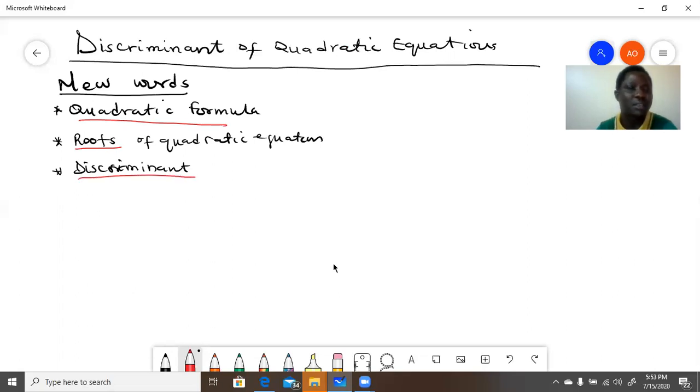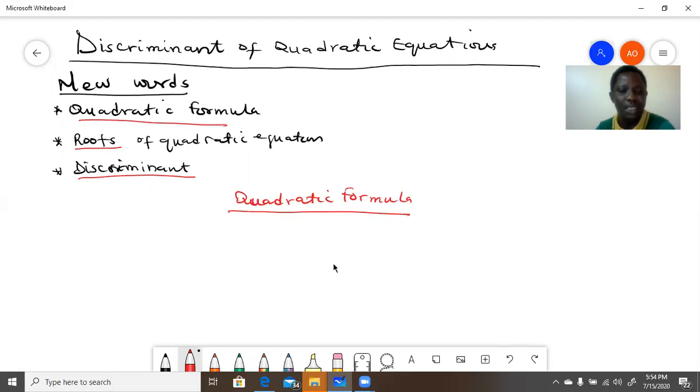So let me start by telling us what the first one is. What is the quadratic formula? As you can see, it says formula. It means the method or formula that can be used to determine the value or solution of a quadratic equation.